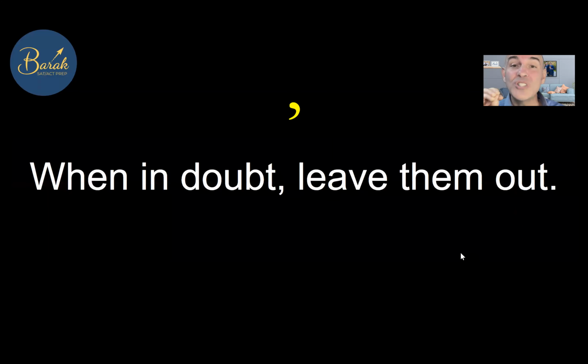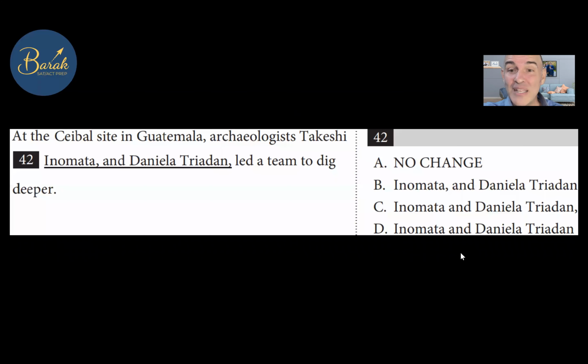The most important rule with commas is: when in doubt, just leave them out. This means whenever you see an option like in question 42, option D, which has no commas at all, always look at that option first. Even though it might be long, more often than not, a lack of commas completely is the right answer.